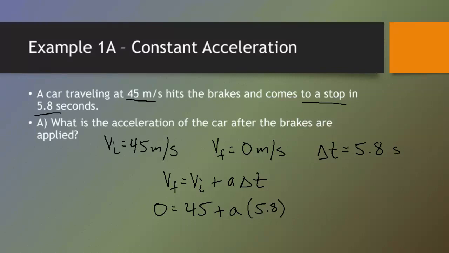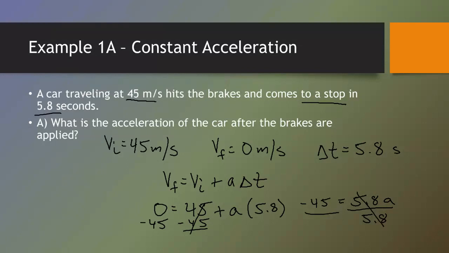So now, to find A, you have to solve for this algebraically, right? So subtract 45 from both sides. 0 minus 45 is negative 45, equals 5.8 times A, and then we just divide by 5.8.